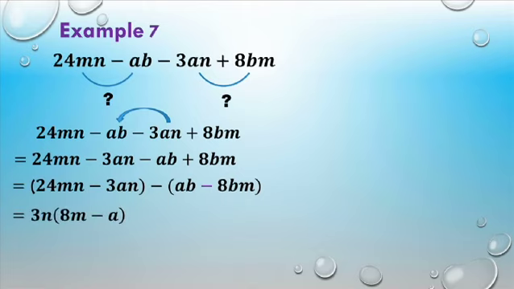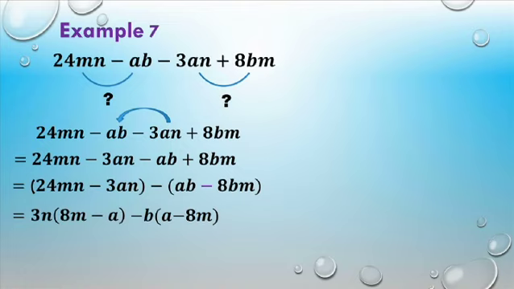Now for the first pair of brackets, 3n is common and I have 8m minus a inside. For the second pair of brackets, b is common and I have a minus 8m. So what do you notice here? For the first one, I have 8m minus a.